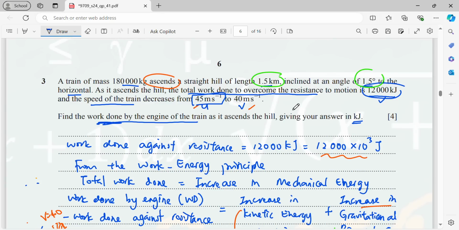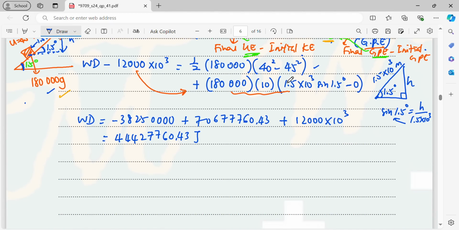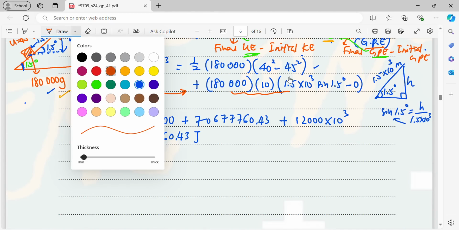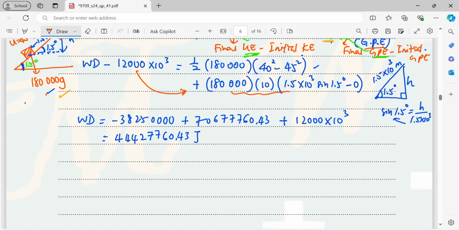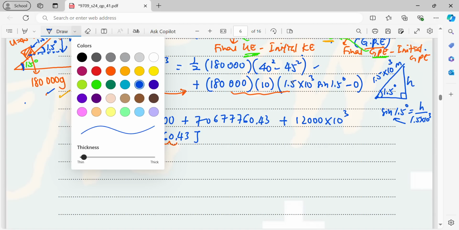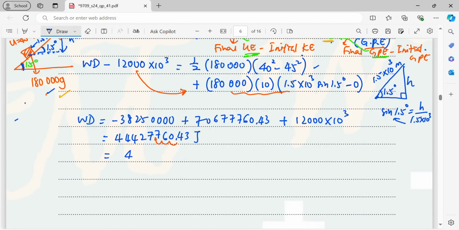But then when you look at the question, it says kilojoule. So for kilojoule, we know that 1 kilojoule is 1000 joule. So what you need to do is just divide by 1000, or just move this decimal 3 places backwards. That means I will be getting 444,27.76043 kilojoule.